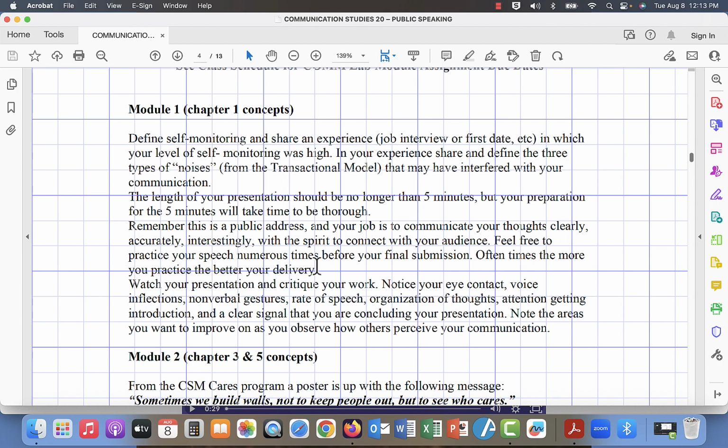I want you to go in your textbook, find self-monitoring in chapter 1, and give me the word-for-word textbook definition. I don't want your opinion of what it means or some other person's definition, because that leads to misunderstanding of words.